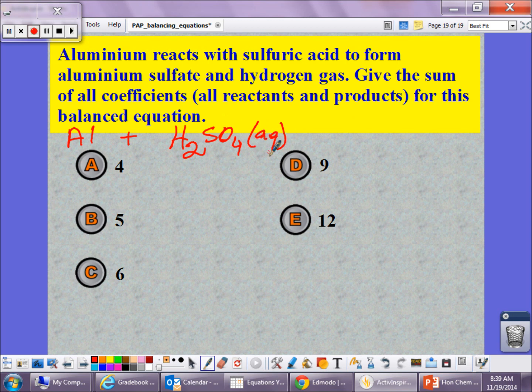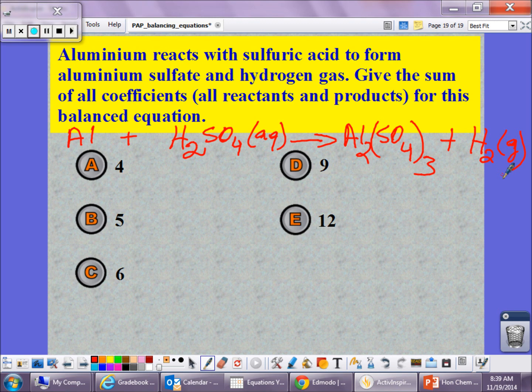To form aluminum sulfate: aluminum 3 plus, sulfate 2 minus. I need 3 sulfate for every 2 aluminum. And hydrogen gas: because it is hydrogen by itself, it is a diatomic molecule. I need to use that too.